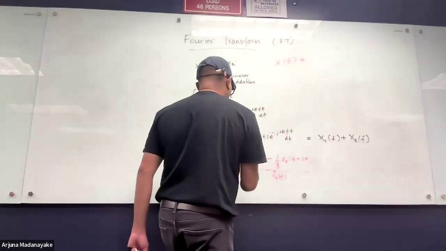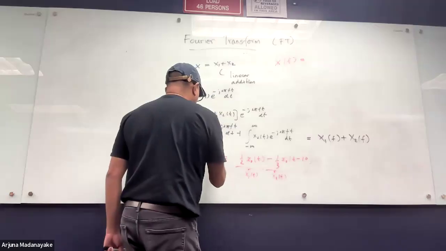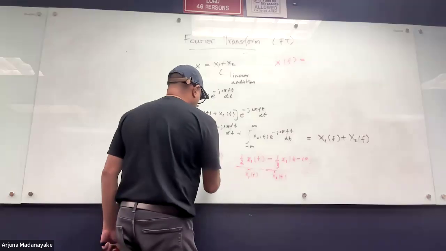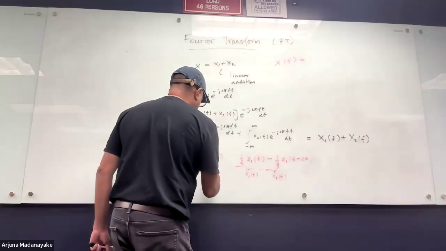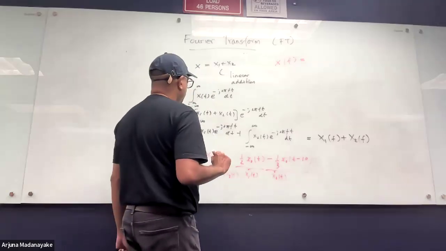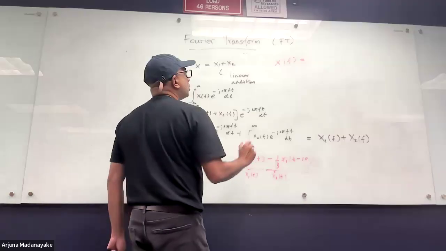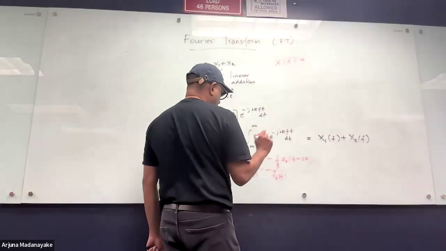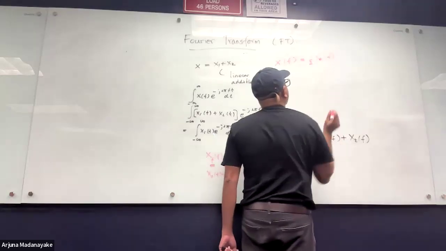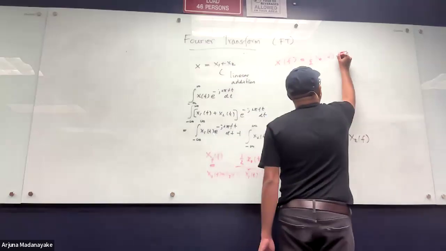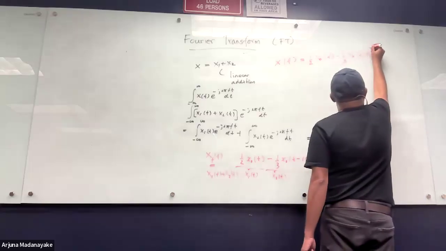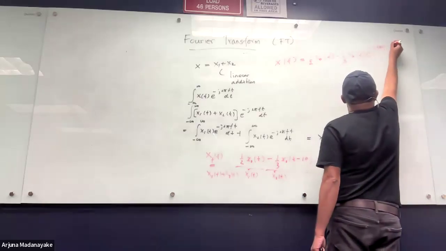X final of f is equal to X1 of f plus, the first part becomes 1/2 X0 of f, and the second part is minus 1/3 X0 of f e to the minus j 2 pi f tau.